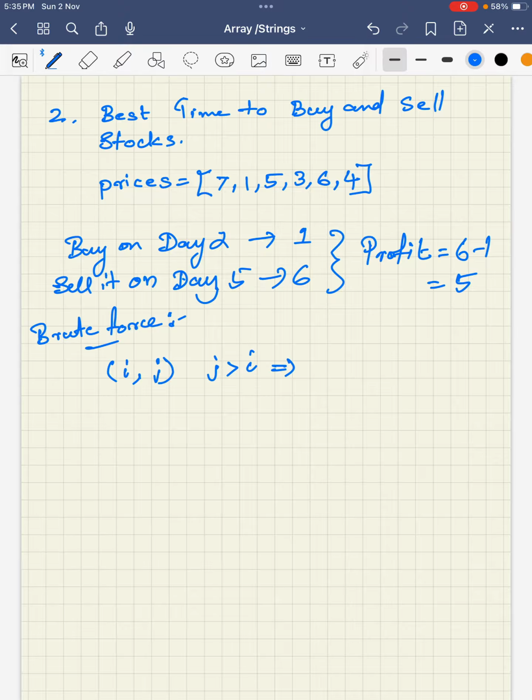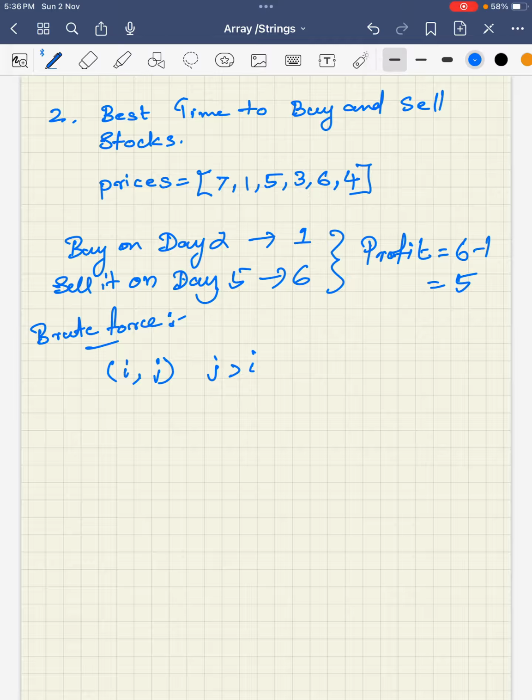For example, you cannot buy on day 3 and sell on day 2. So it has to be in time-ordered fashion. That's why this particular constraint. Find all the profits that can be made, and then out of that just return the maximum profit one could get.